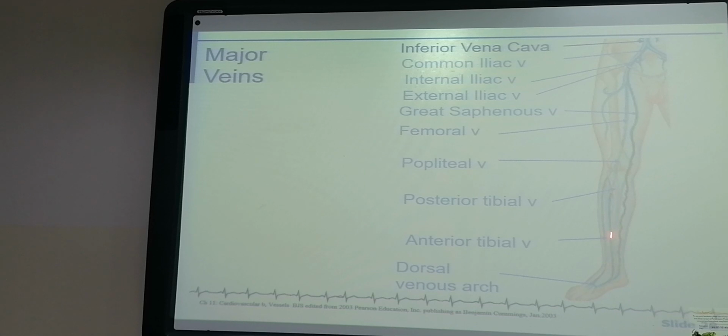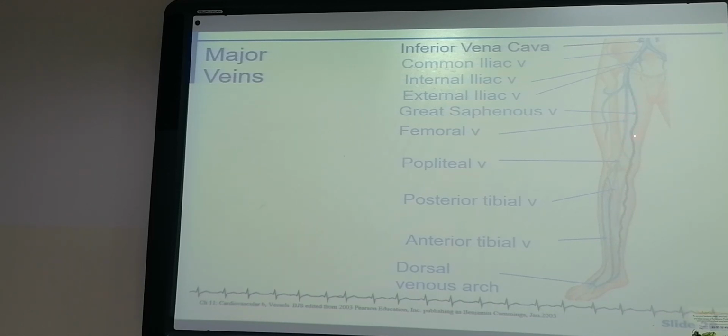So those are the three veins that return the blood up from the lower extremity. Then the anterior tibial and posterior tibial join the popliteal vein. After that, when it is coming up, it's called the femoral vein.